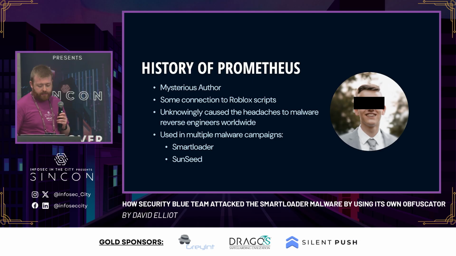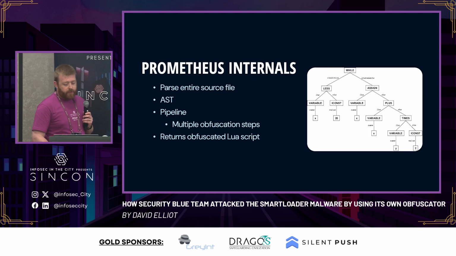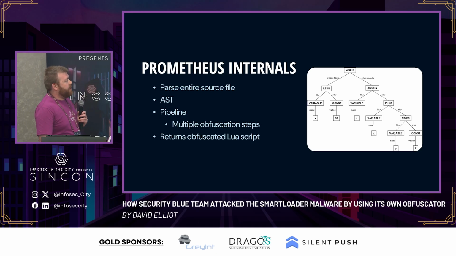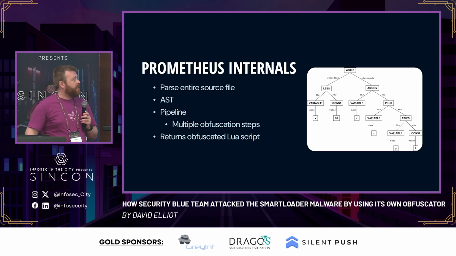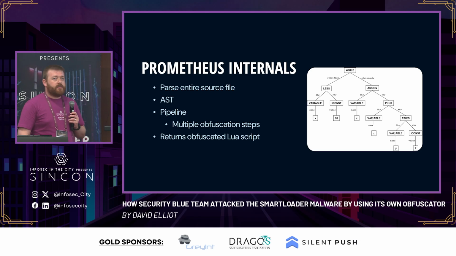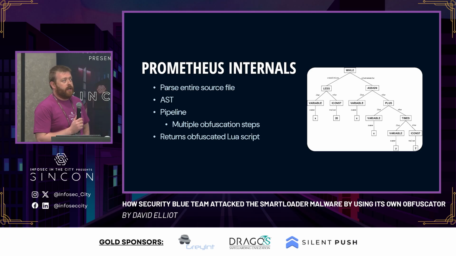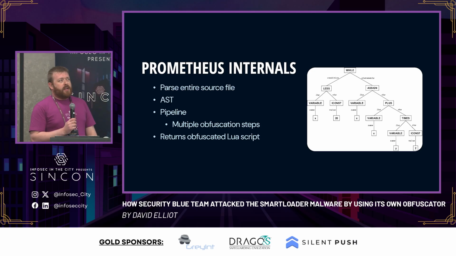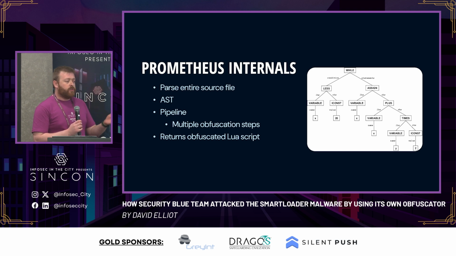as SmartLoader and Sunseed. So within Prometheus itself, what happens is it parses the entirety of the input malware into an abstract syntax tree. And for anyone in here that doesn't know what that is, it essentially breaks down the source code into logical components.